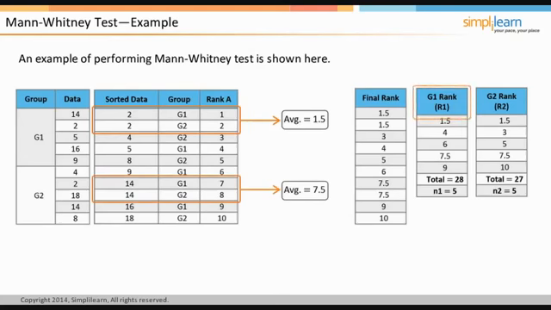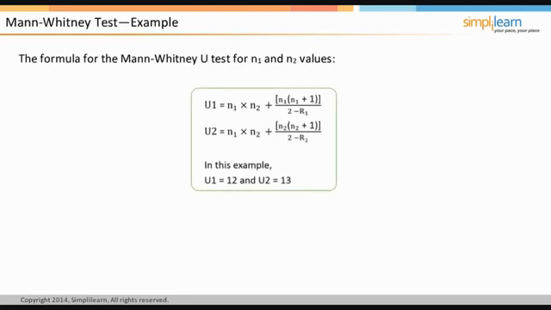Next, calculate R1 and R2 by adding the ranks of the groups 1 and 2 respectively. In this example, the R1 value is 28 and R2 value is 27. From the given data, 5 is the value of both N1 and N2. The formula for the Mann-Whitney U-test for N1 and N2 values is U1 equals N1 multiplied by N2 plus N1 multiplied by N1 plus 1 whole divided by 2 minus R1.